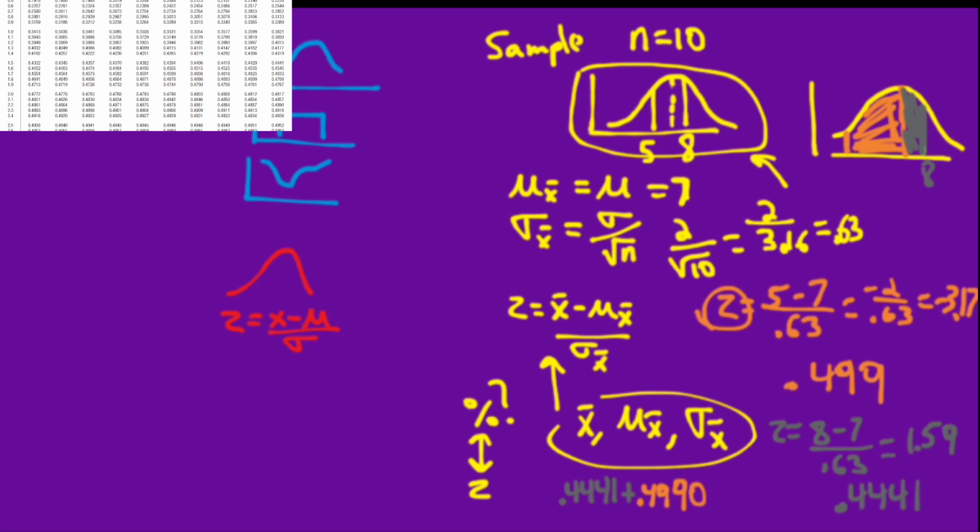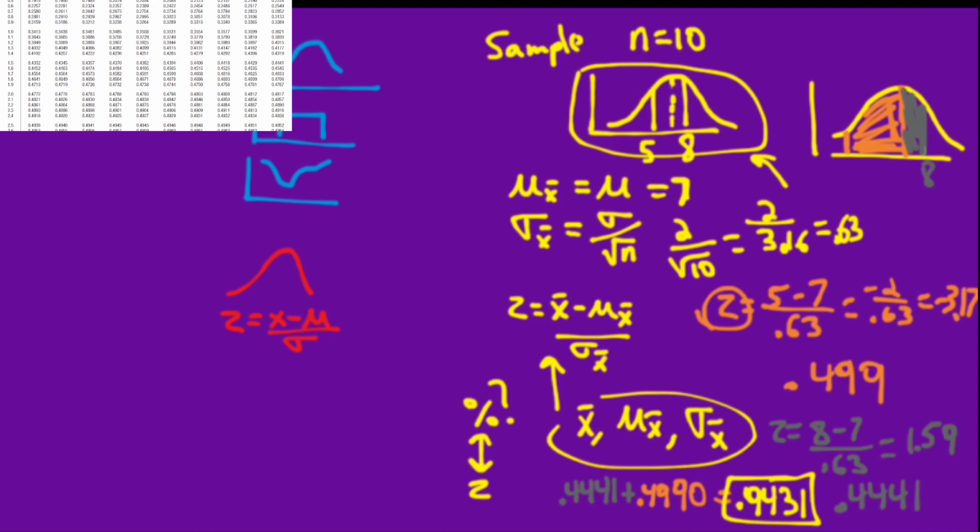And just to finish it off, what does that give us? 499 plus 0.4441, and we get 0.9431. Okay, so we have a 94% chance that this sample would fall between 5 and 8.